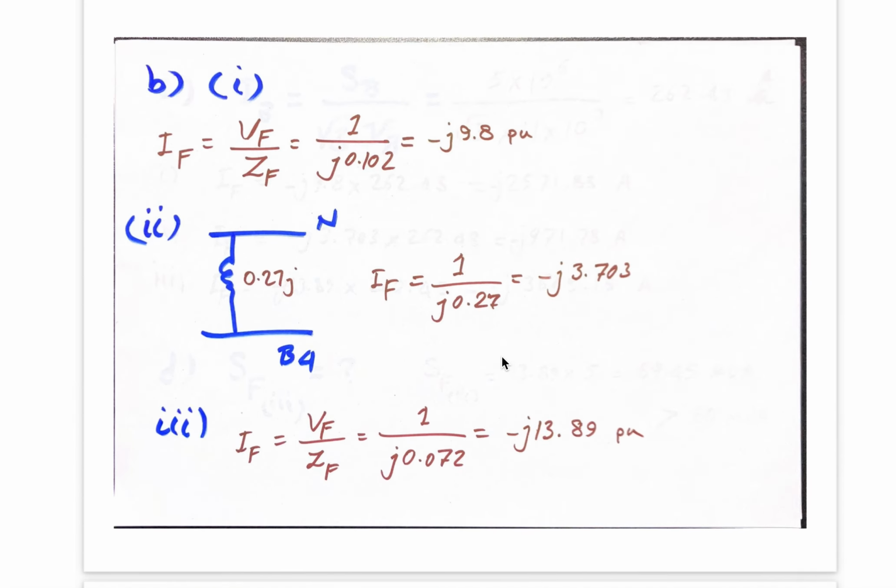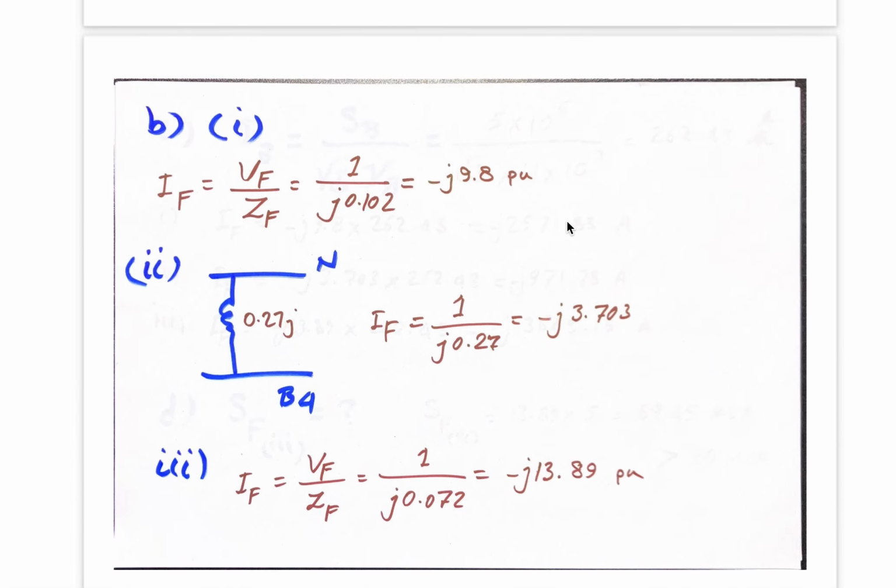These per unit currents, although they are per unit currents, and obviously when you calculate actual current, you multiply them by base current, at the same time you can say they are also per unit fault level. When I say fault level, that means fault power. So you can say they are also per unit fault power. Why? Because in this system, we assume pre-fault voltage equals 1 per unit.